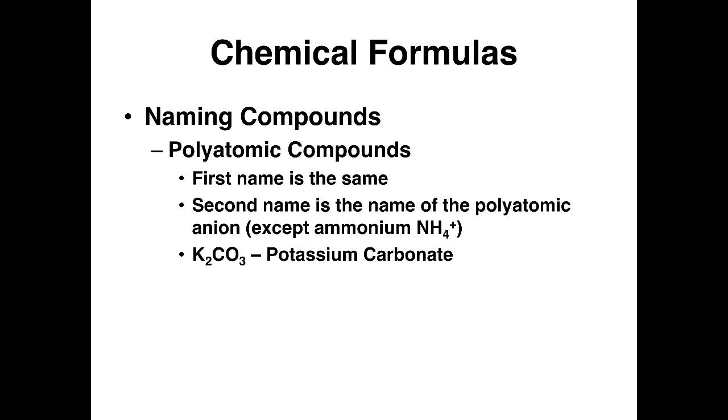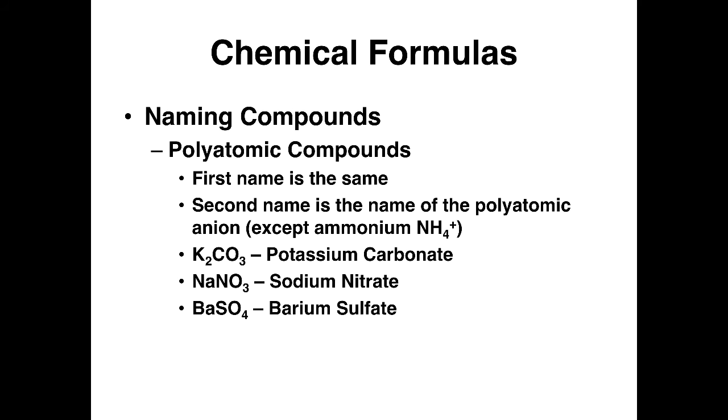So for example, this one is potassium, but instead of, say, chloride or bromide, it's potassium carbonate. That's the carbonate polyatomic ion. Sodium combined with the nitrate ion is called sodium nitrate. Barium combined with the sulfate ion is called barium sulfate.